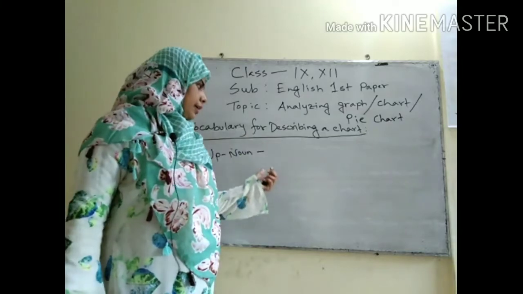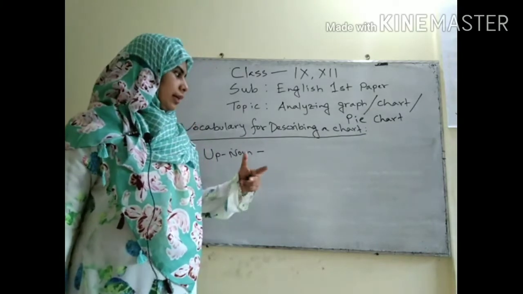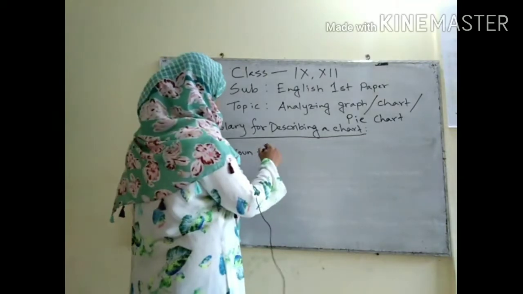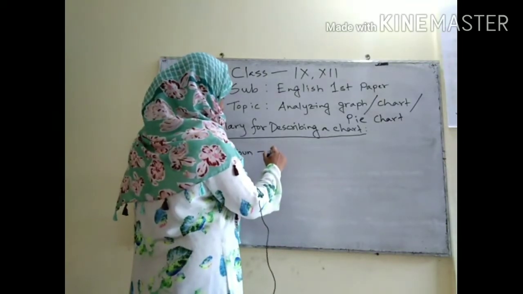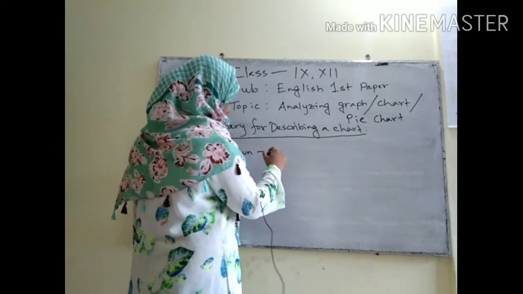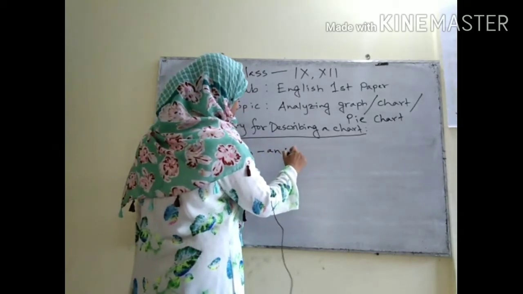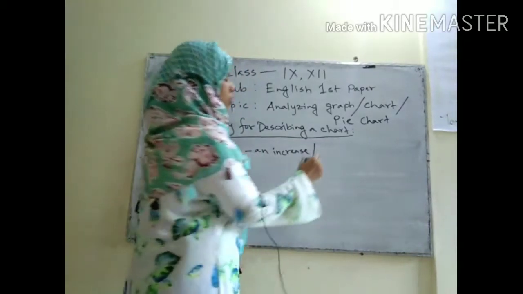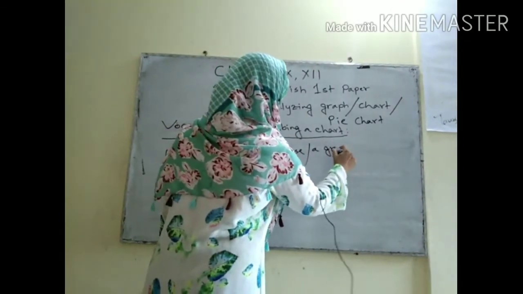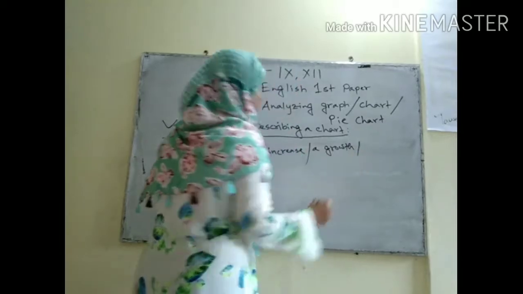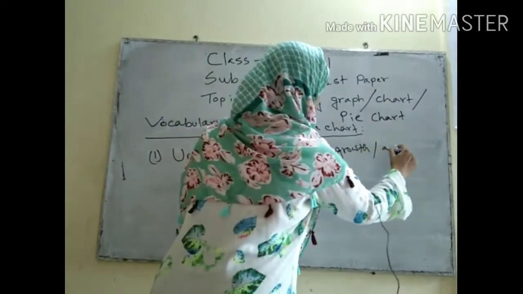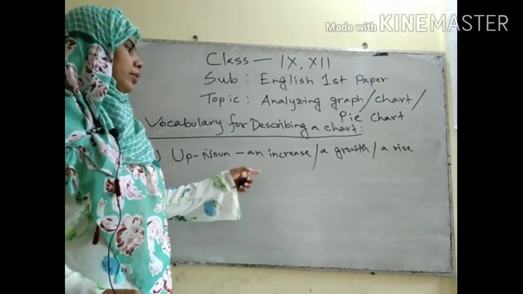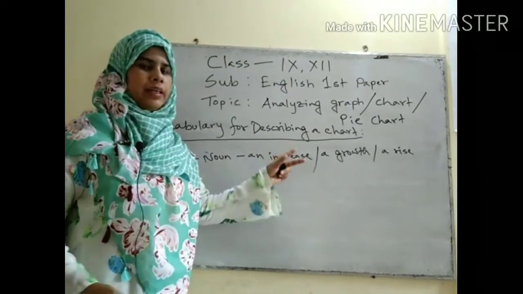If the chart is about the increase of something, you can use there is an increase, or there is a growth, or there is a rise, or we can see an increase, a growth, a rise of something.